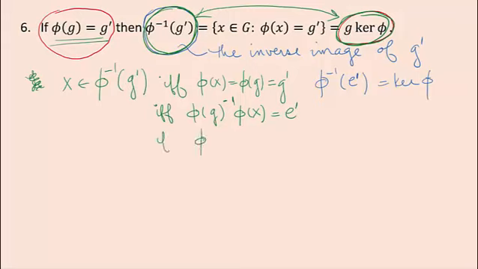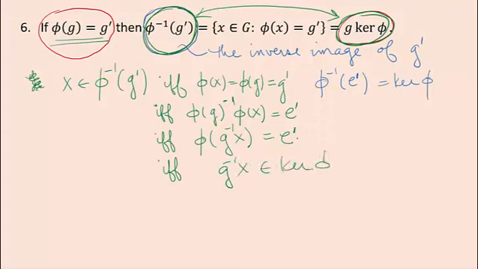But it's a homomorphism, so that means this is true if and only if phi of G inverse X is equal to E prime. And that's true if and only if G inverse X is an element of the kernel of phi. It's mapped to E prime, so it lives in the kernel. And from what we learned about cosets, this is true if and only if X lives in this coset, G kernel phi.